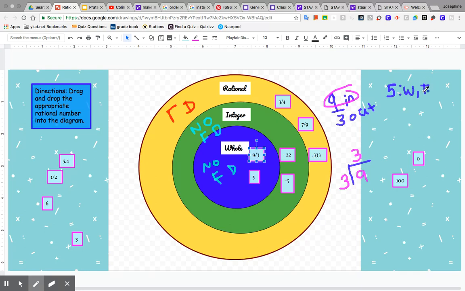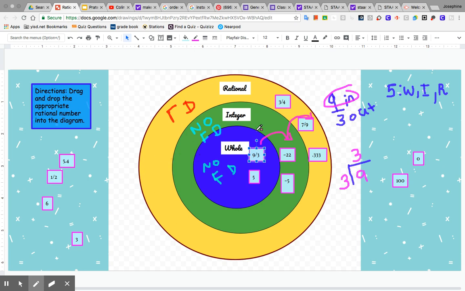And we can say that 5 is also rational. Because whatever's inside of one another, that's what its classification could also be. So whole is also integer, but it's also rational because they're all tied in together. You can't have rational without the whole, because then you would literally have a hole inside of the rational number diagram. It would be blank.